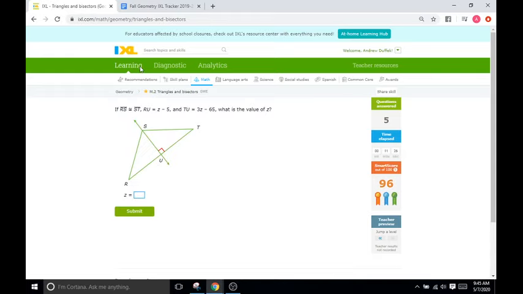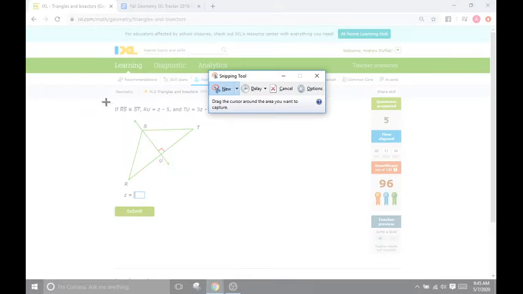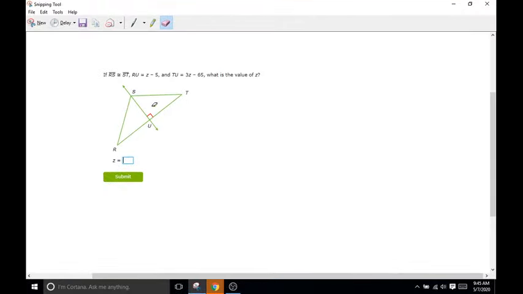Okay, so I will do this last problem for you guys. Looks like it's pretty much the same as everything else. It looks like RS is equal to ST, so RS is equal to ST, all right.